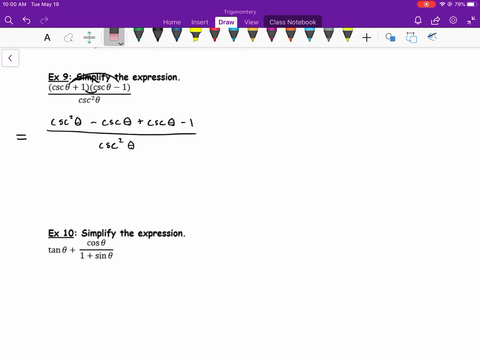Our next line, I'm going to work horizontally for this one. We see that these cancel out. I get cosecant squared of theta minus 1 over cosecant squared of theta.